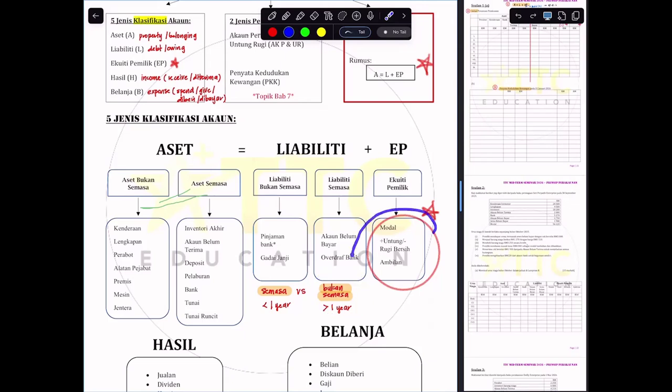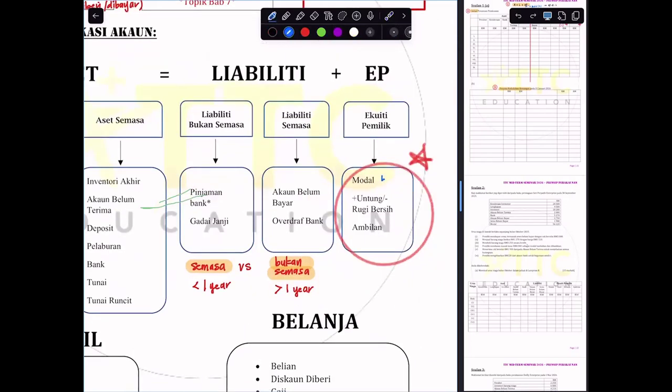Then EP, I circled it out because these are the 4 terms that you have no choice but to memorize one by one. First one, modal. Modal means when the boss brings in money for company use. So if you see any keyword bawa masuk or memasukkan, any kind of bring in lah, we call it as modal. In the opposite way, if taken out for personal use, let's say ambil, keluar, and also make sure that there is a term peribadi for personal use.